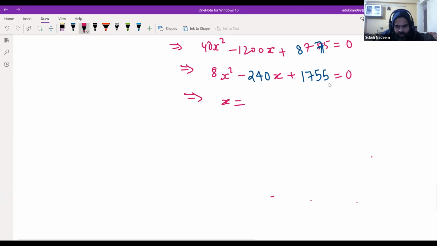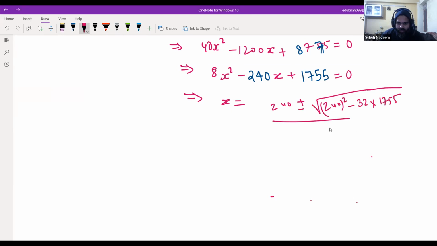So this was fine. Now 240 plus minus root over b square minus 4ac. That will be 240 square minus 4ac, that will be 32 into 1755, by 2a, 16. Okay.